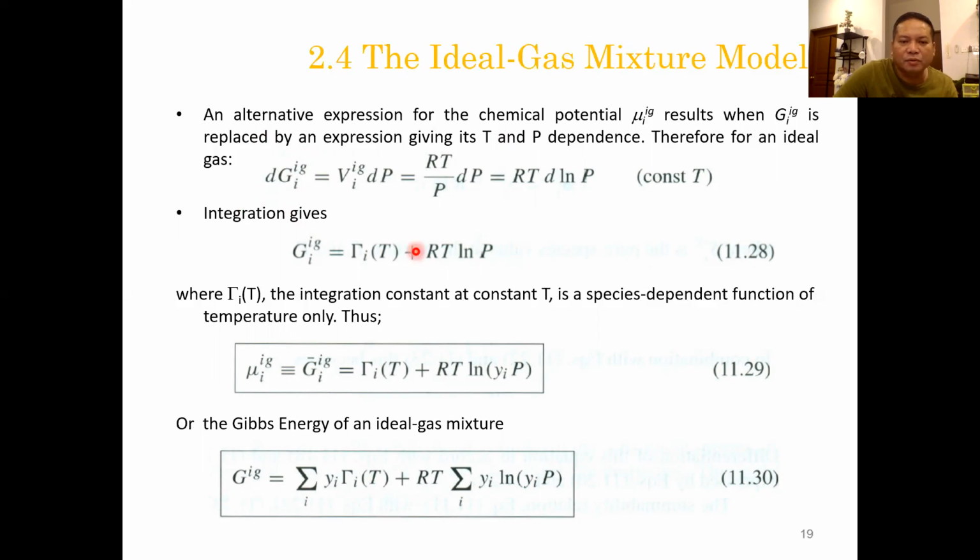Since T is constant, we get this function here, an integration constant at constant T, and then RT ln P. And then the chemical potential is equal to the Gibbs energy, which we assume to be equal, from this equation here. This is for the integration constant.